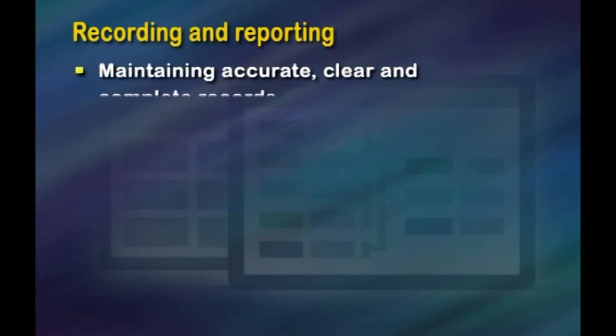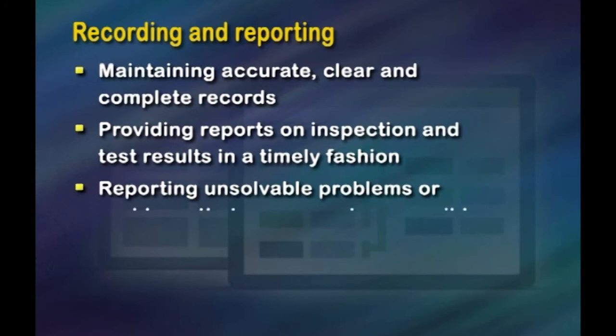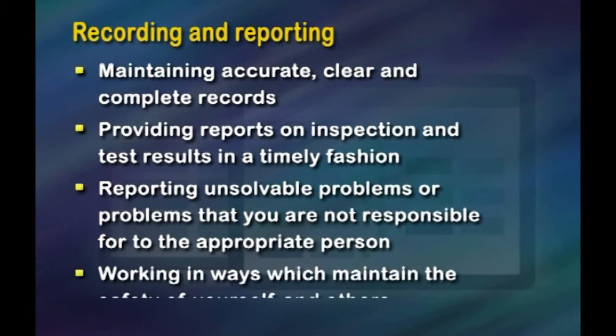This unit on recording and reporting the results of inspection and testing involves mainly maintaining accurate, clear and complete records, providing reports on inspection and test results in a timely fashion, reporting unsolvable problems or problems that you are not responsible for to the appropriate person, and working in ways which maintain the safety of yourself and others.